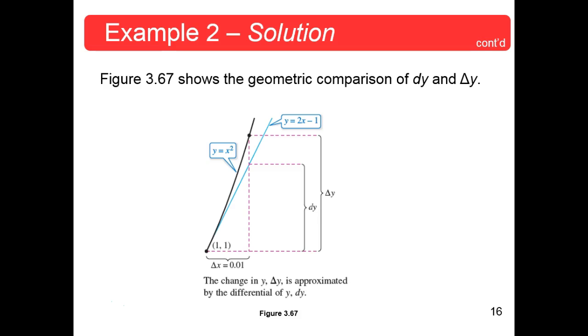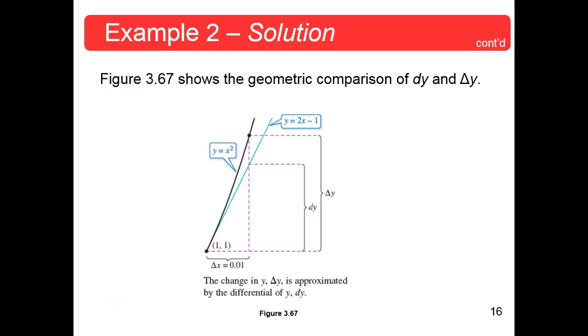This graph shows the geometric comparison of the dy and the delta y. Here's the f of x at 1. This is x squared, at 1 it is 1. They didn't show the rest of the parabola that's down here. Now, when you go over just 0.01, 1/100th of the space there, you're up here, and this is your linear approximation, y is equal to 2x minus 1.